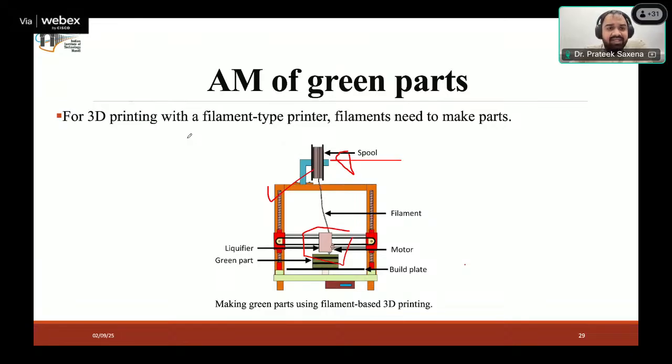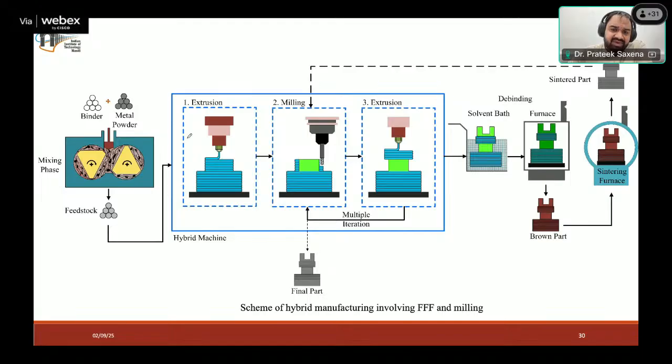A good thing about this particular process is that you can very easily make it a hybrid additive manufacturing process. By hybrid I mean an additive-subtractive manufacturing process. On my 3D printing head where the nozzle is kept, I can also attach something like a milling cutter.